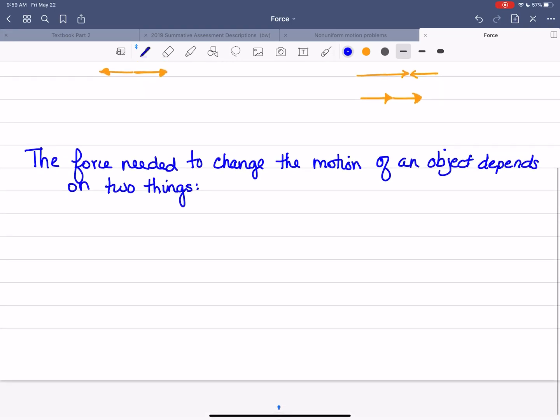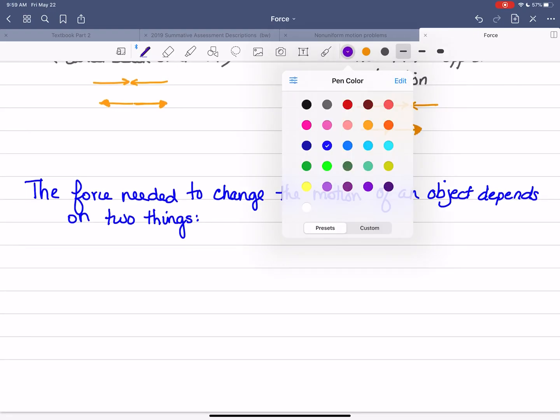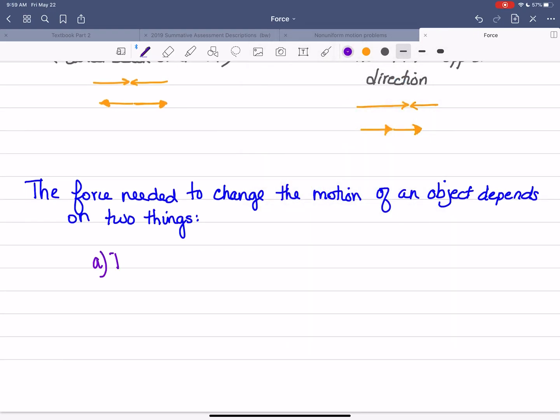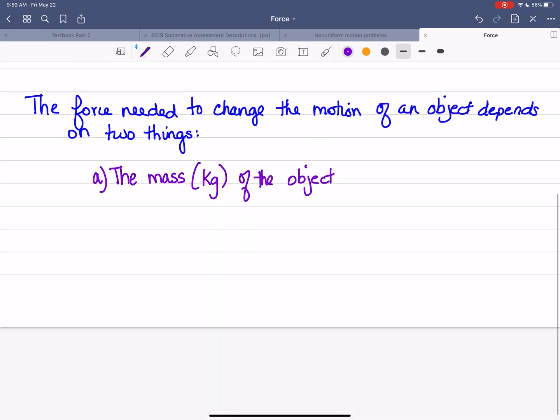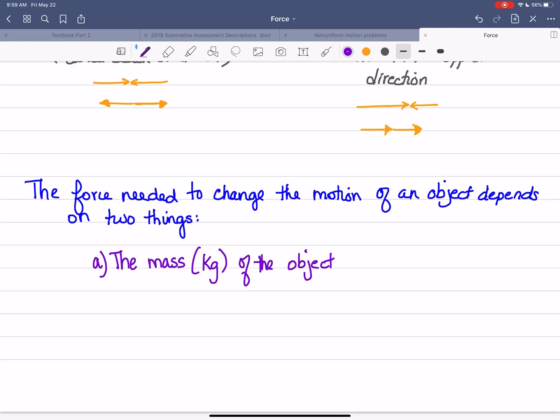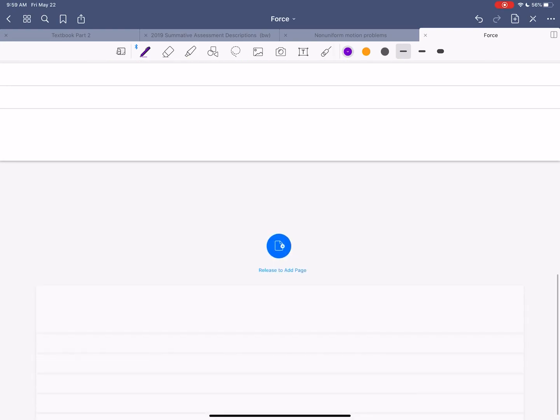So there are two factors. One is the mass in kilograms of the object. Okay, so obviously the heavier the object will require more force.